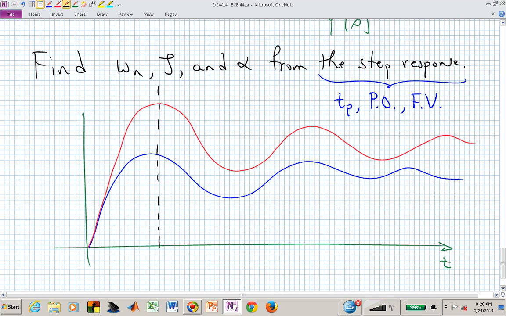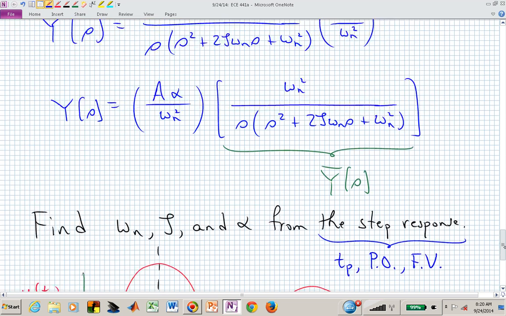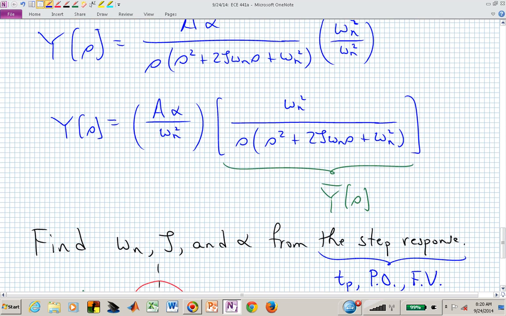The red curve is supposed to be our full response, and the blue curve is the unscaled response. The blue curve is just this inverse Laplace transform of Y bar of S.